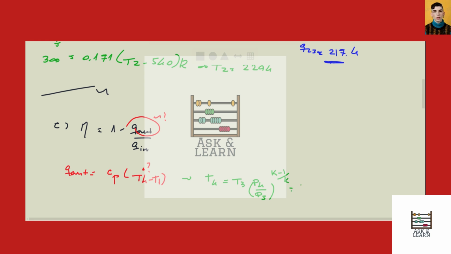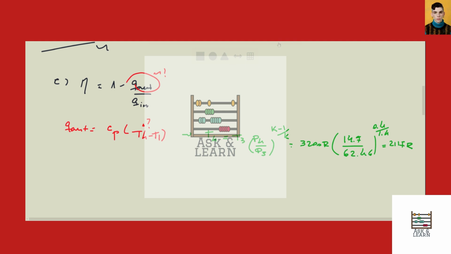This is going to be equal to 3200 R times (14.7 divided by 62.46) to the power of 0.4 divided by 1.4, which gives us a temperature 4 of 2117 R.